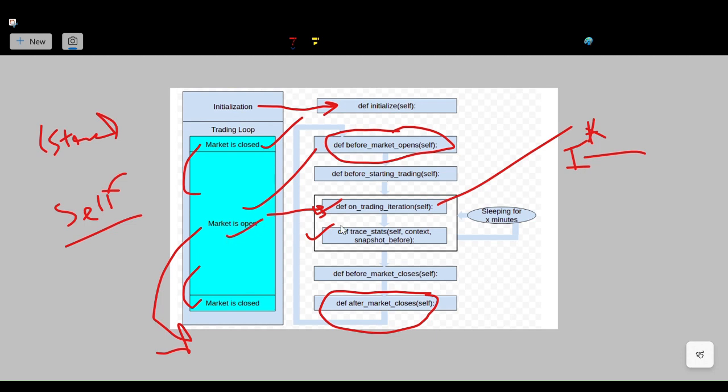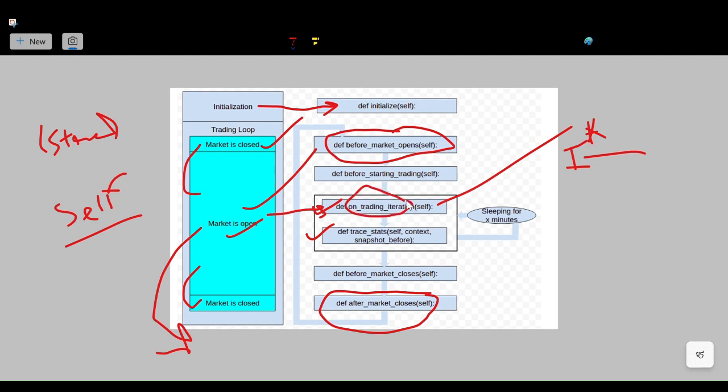Next is our trace stats. It uses the parameters self, context, snapshot before. This is used basically after on trading iteration, where context is a dictionary containing the result of locals of on_trading_iteration at the end of its execution.